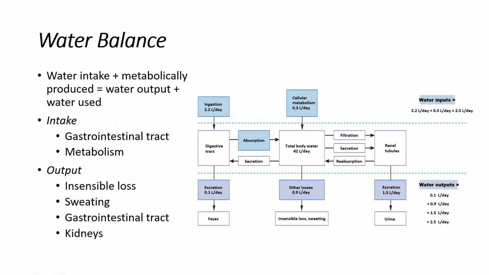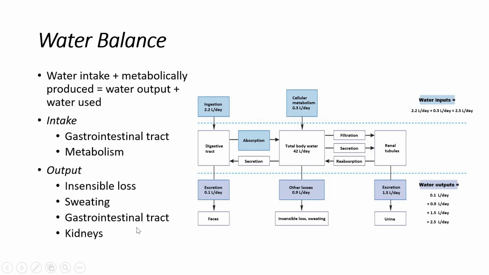As a part of cellular respiration, when we have that final electron being accepted onto oxygen, we produce a small bit of water as a byproduct. So that produces some water as well as what we ingest. Those are sources of intake.